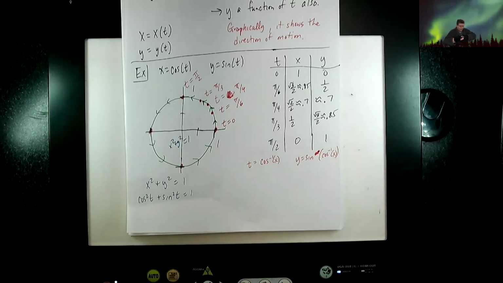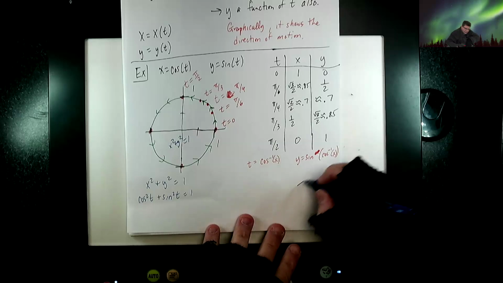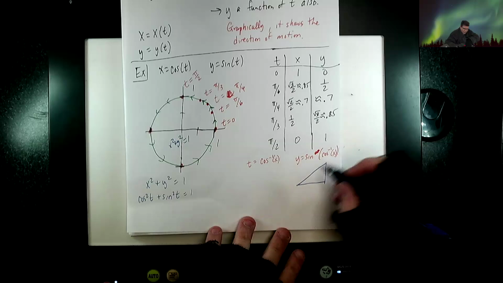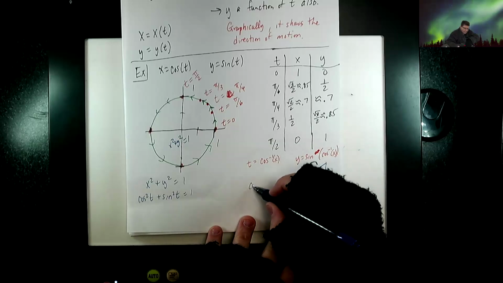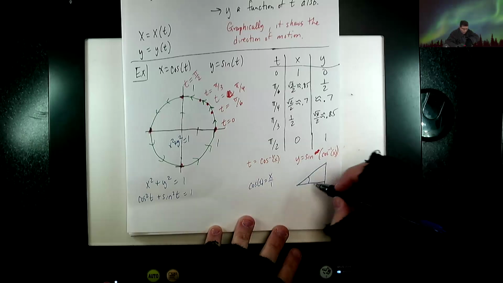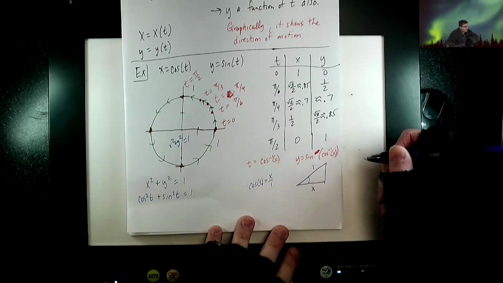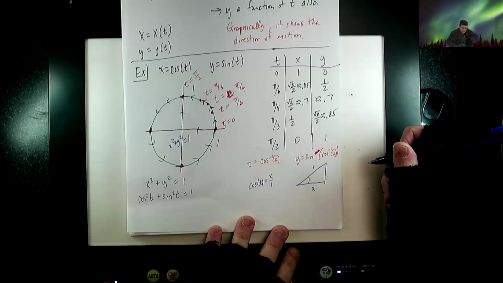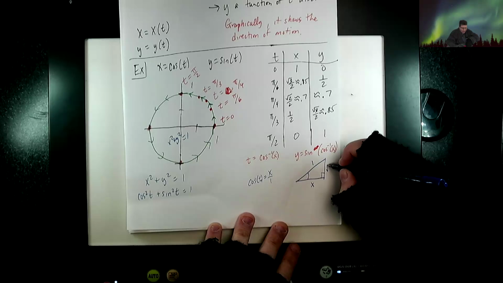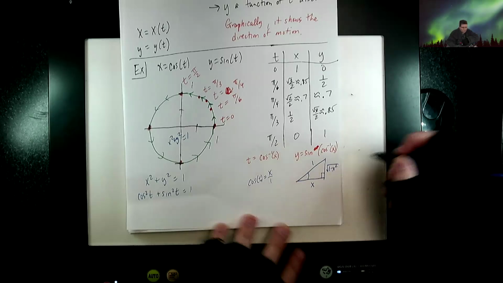And we got to make a little triangle here. Cosine of t was x, which is x over 1, which is adjacent over hypotenuse. And if we use the right triangle, we're going to see this should be the square root of 1 minus x squared.